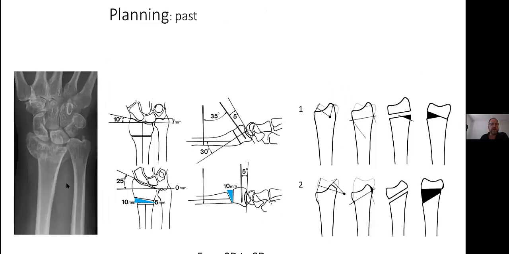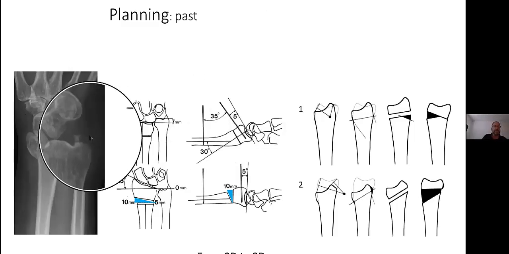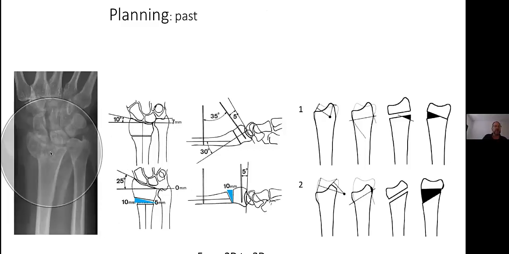Here you have another fracture, and you can see this forearm bone is a lot longer than it should be because the other bone is compressed. So we have to recreate the relation, the ratio between these two bones. And usually it's still done like this.